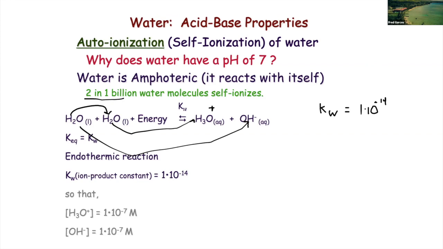So it's very small. If we do the math, we can say that Kw is equal to the concentration of the hydronium times the concentration of the hydroxide, just based on what we talked about in the previous slide.